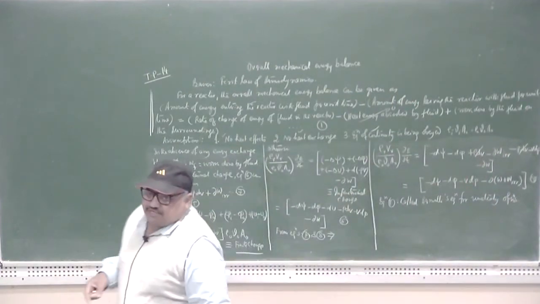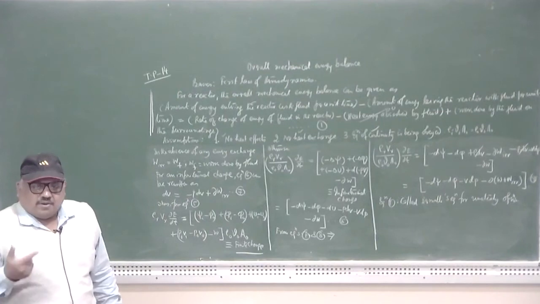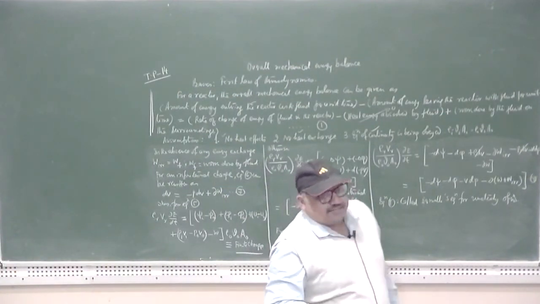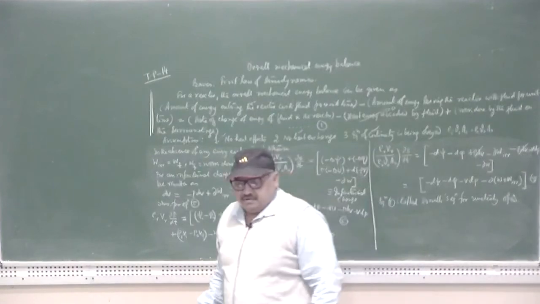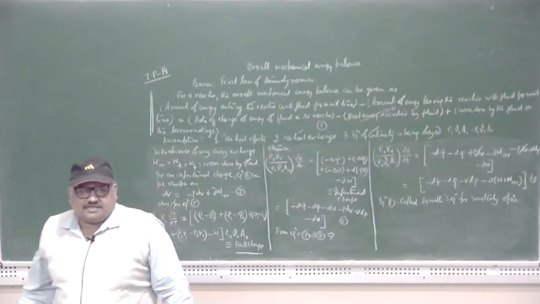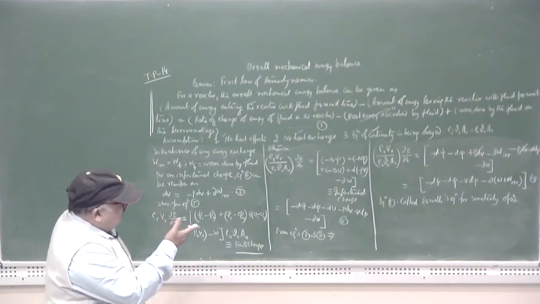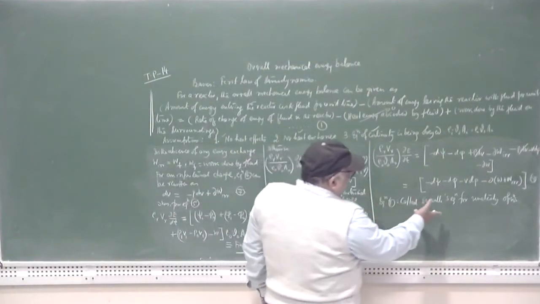So, for the unsteady operation, the Bernoulli equation, which is nothing but an overall mechanical energy balance, says that at every cross section the sum of the total energy is constant. So, this equation stands for the Bernoulli equation for the unsteady operation.